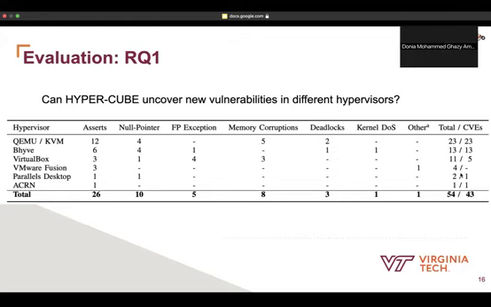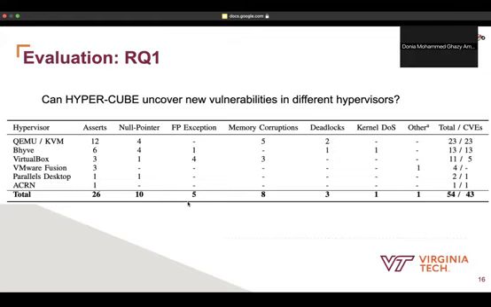And the result, as you can see here in the bottom right, is that it was able to discover 54 new bugs across all six tested hypervisors. Of them, 43 were confirmed with CVEs assigned.